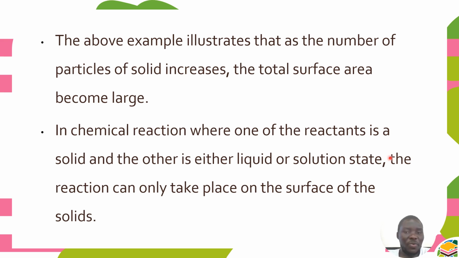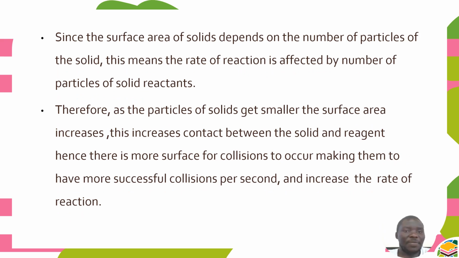In a chemical reaction where one of the reactants is solid and the other one is liquid or in solution state, the reaction can only take place on the surface of the solid. Since the surface area of the solid depends on the number of particles of the solid, this means that the rate of reaction is affected by the number of particles of the solid reactant.